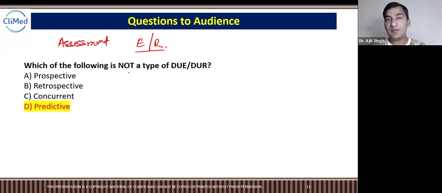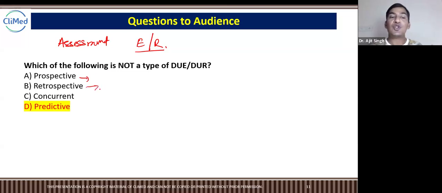Now there are three methodologies. One is prospective. In terms of epidemiological studies, prospective means you are recruiting the patient presently and then collecting the data.